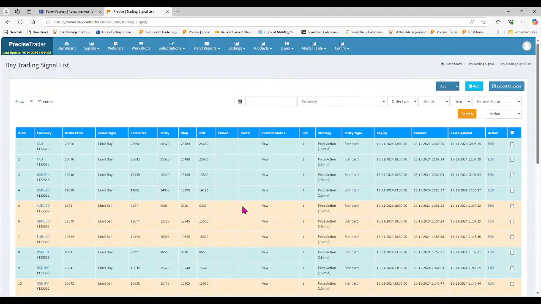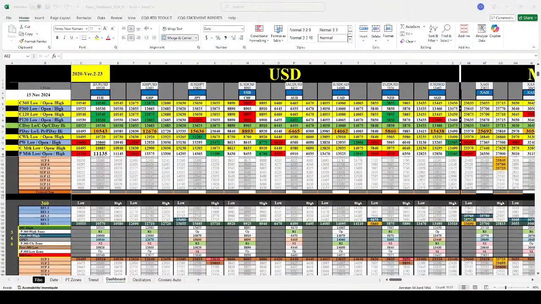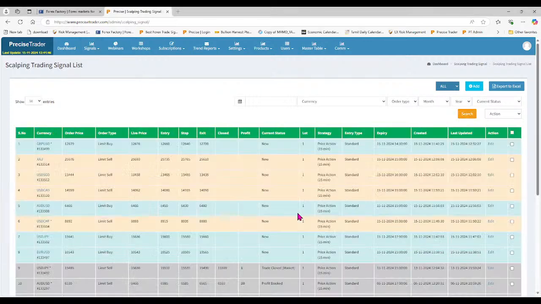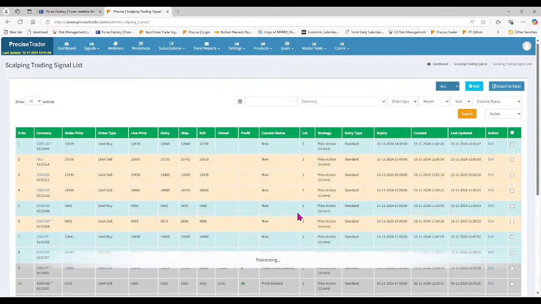Now let's start off with the market. Do take note, let me share the screen again. Now you look at the signals. The signals itself would give you a lot of clue on the direction we are heading.